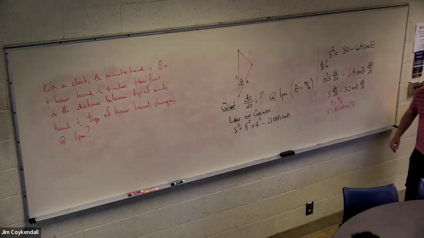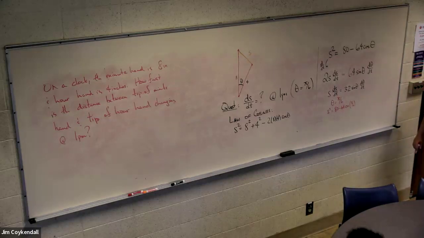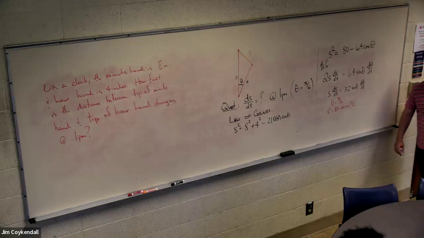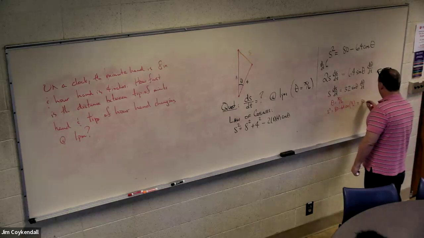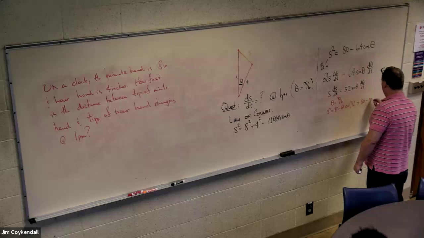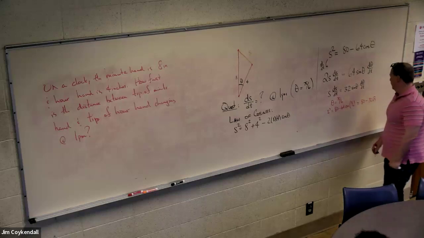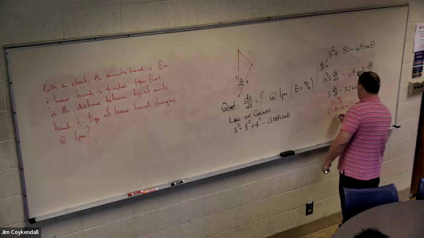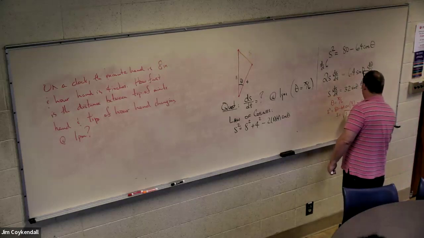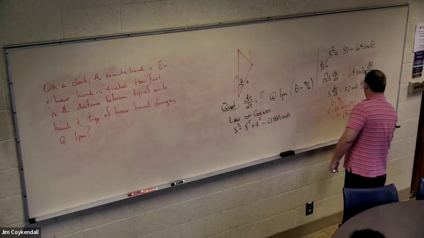The cosine of pi over 6 is root 3 over 2, so this is 80 minus 32 root 3. So S is the square root of 80 minus 32 root 3.